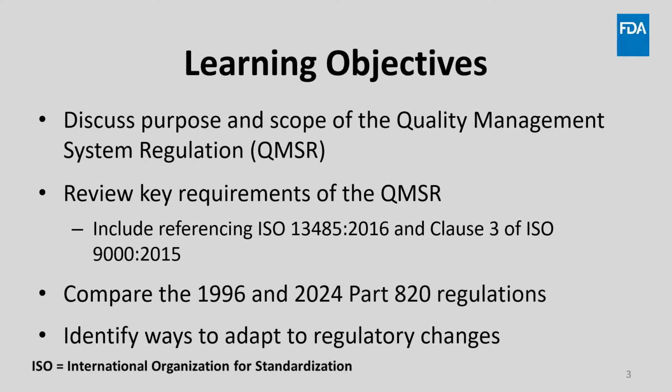The learning objectives for this presentation are to discuss the purpose and scope of the Quality Management System Regulation, QMSR, as a review and for clarification; review the key requirements of the QMSR, including reference to ISO 13485:2016 and Clause 3 of ISO 9000:2015 standards; compare the requirements of the 1996 and 2024 regulations, Title 21 Code of Federal Regulations, Part 820; and finally, identify ways to adapt to these regulatory changes.